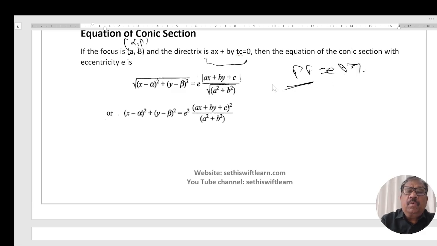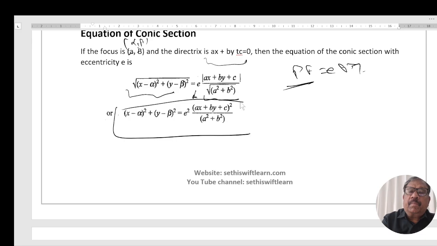This is the distance between the two points, and this is the distance of a point from a line. This is the eccentricity. This is known as the focus-directrix property. If focus is given and directrix is given, then we can find the equation of the conic section. That may be an ellipse, a parabola, or a hyperbola.